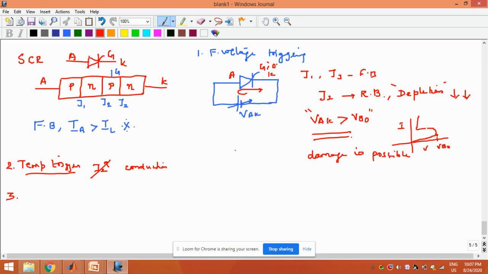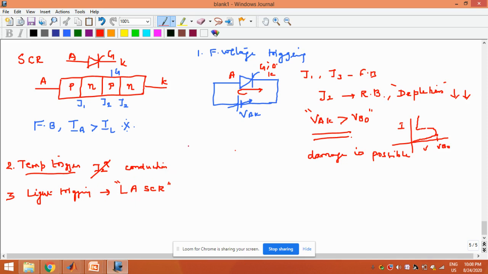Next one is the light triggering, or sometimes this SCR is called a light activated silicon controlled rectifier. So it can be used in places where the gate triggering is not accessible. You can have, with respect to your proximity, a triggering. That's why it is called light activated SCR.